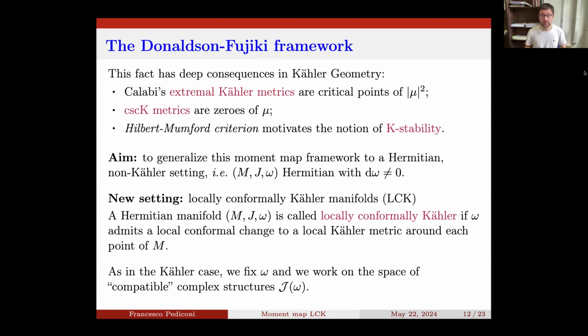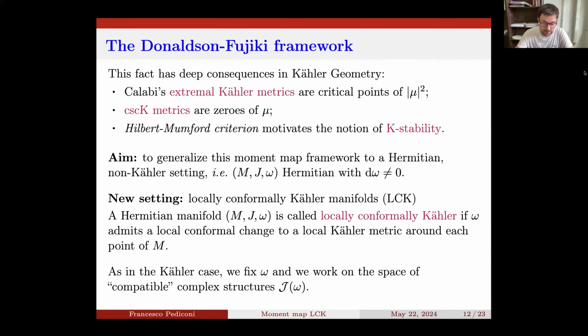And as in the Kähler case, it seems that it is not appropriate to fix J and move the metrics. So following the Donaldson-Fujiki path, what we did is we fixed the corresponding two-form omega, and we worked on the space of compatible complex structures.